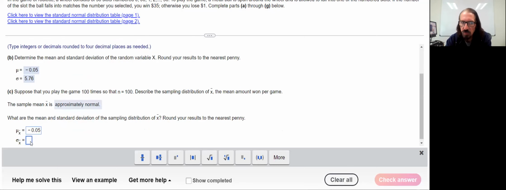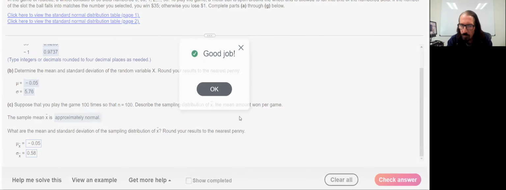But the standard deviation, you would take sigma and divide by the square root of the sample size, 100. Square root of 100 is 10, so 0.576. That would round to the nearest penny to 0.58.